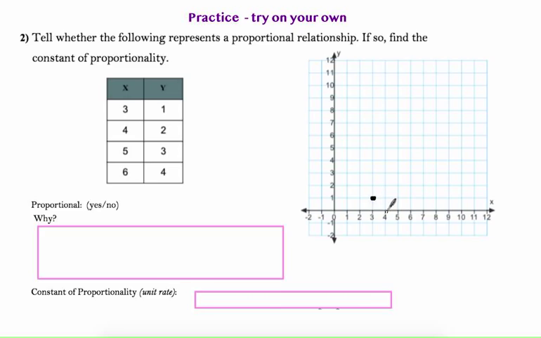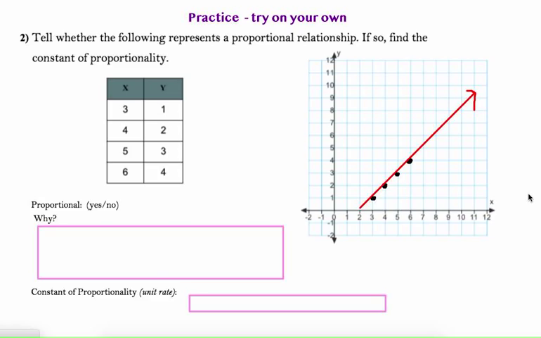When x is 4, y is 2. When x is 5, y is 3. When x is 6, y is 4. So these are the points that I get from this table of values. And now I'm going to connect these dots using a ruler. So this is what my graph will look like.